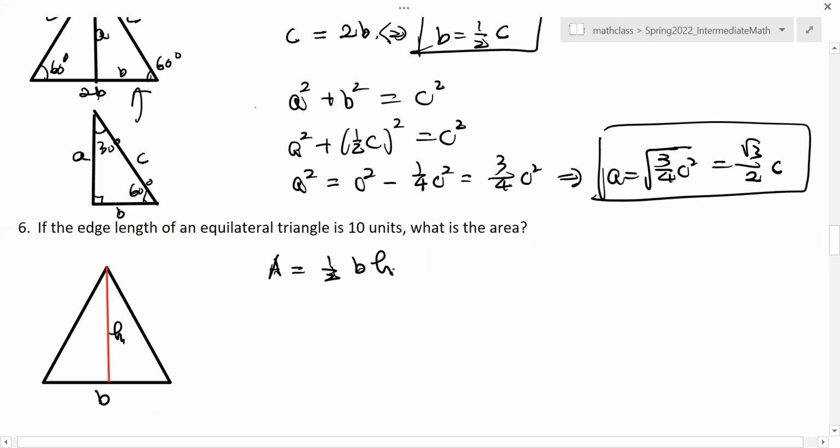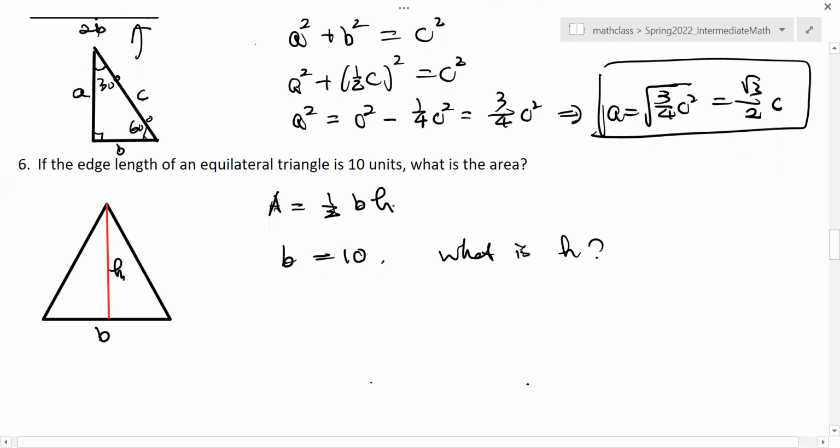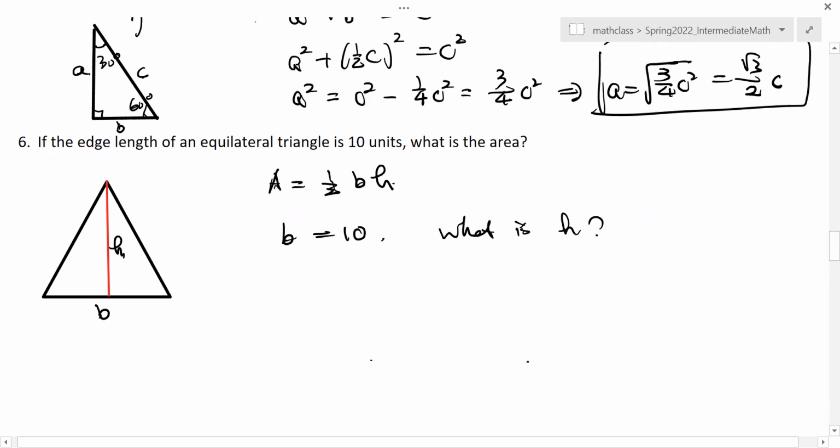I know what b is, but I don't know what h is. That's the key point. That's the problem. We know that b equals 10. That's the given information. So what is h? How do I find it? If I can find h, I can find the area.